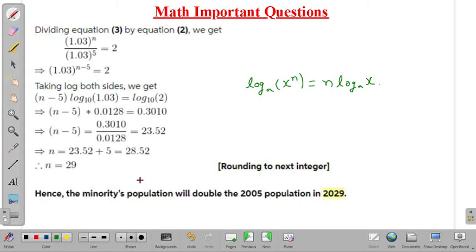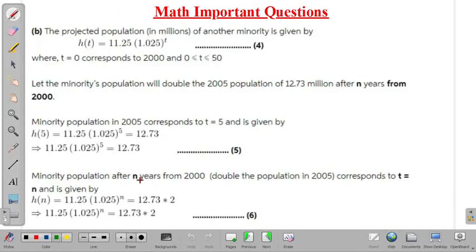Now for part b, the projected population of another minority is given by s(t) = 11.25 times 1.025 to the power t, and here also t = 0 corresponds to the year 2000, and t varies from 0 to 50.